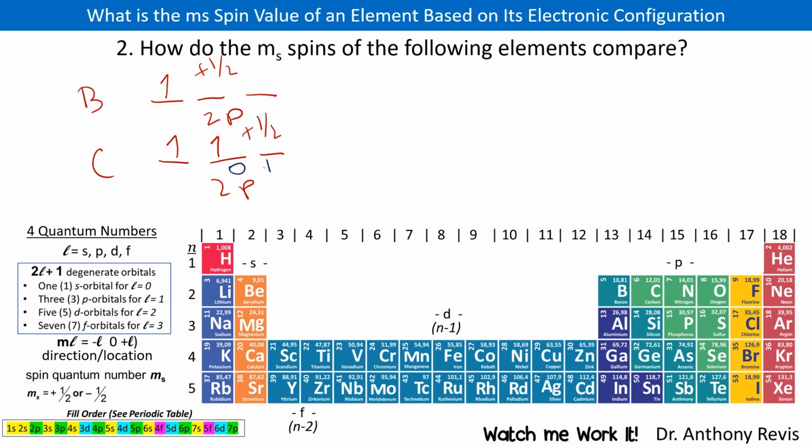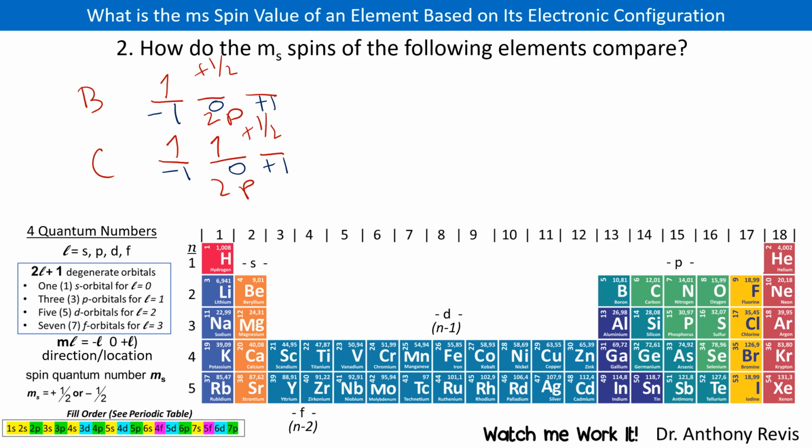This is 0, plus 1, minus 1. Start at the center point. Do it like a number line. 0, plus 1, minus 1. So for boron, we have a plus 1/2 spin in the minus 1 location. For carbon, we have a plus 1/2 in the 0 location.